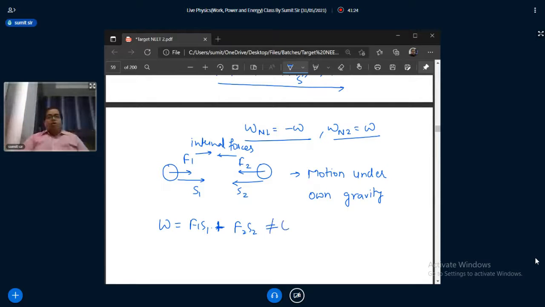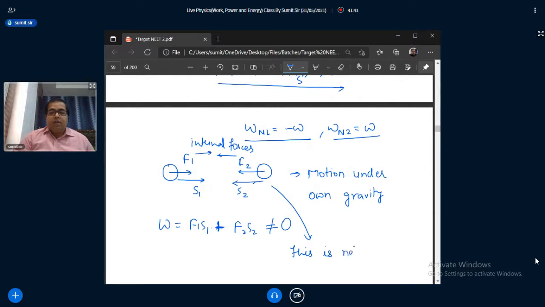Why is there a work done which is not equal to zero in case of internal forces here?